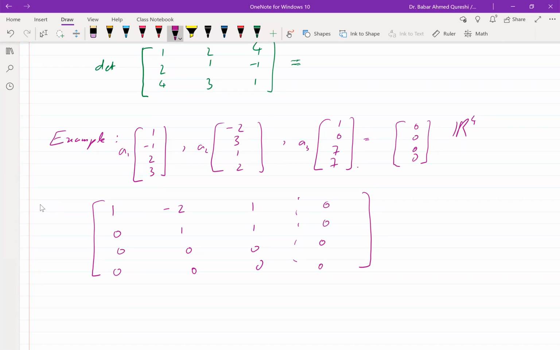If it were something like this, then I have no free variable. Then when I create the reduced row echelon form, I will be making zeros upstairs, and all three variables will turn out to be zeros. So if you have free variables, then you don't have linear independence.